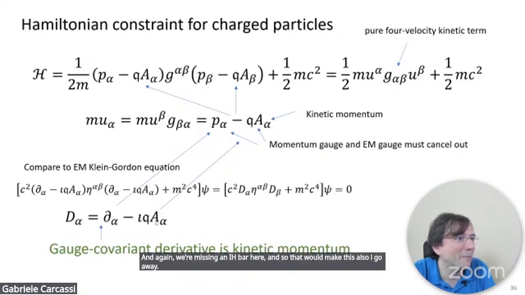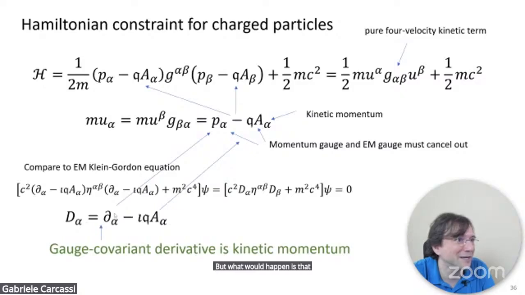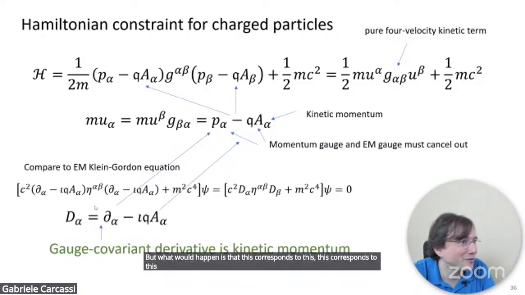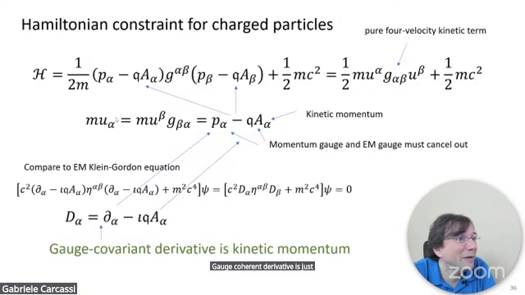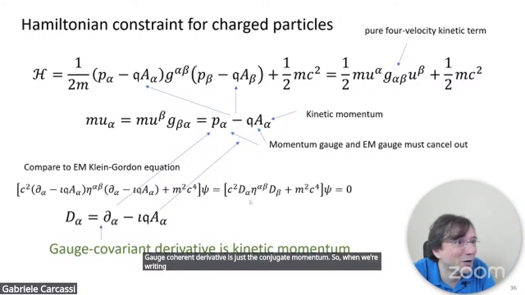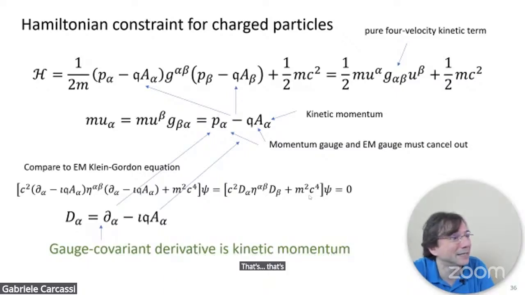But what would happen is that this corresponds to this, so this gauge covariant derivative is just the conjugate momentum. So when we're writing this Klein-Gordon equation, what we are actually writing is that the norm of the four-momentum has to be equal to a constant. That's all we're saying.